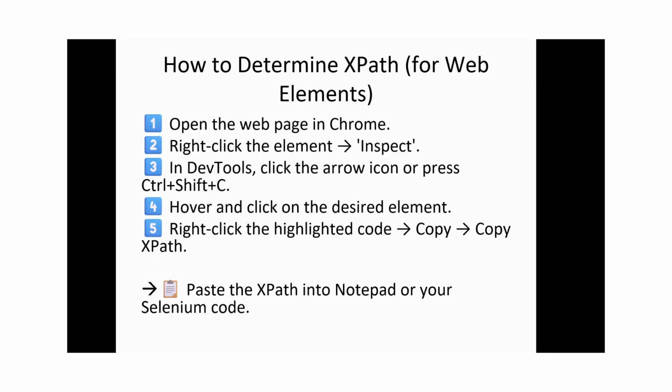And then click on the desired element, then right click on the highlighted code on the DevTools, then copy XPath, and then use that XPath in your code or keep it in Notepad for later use.